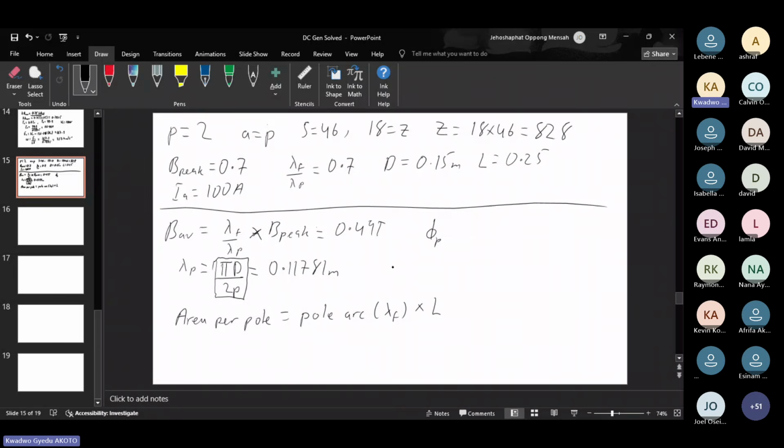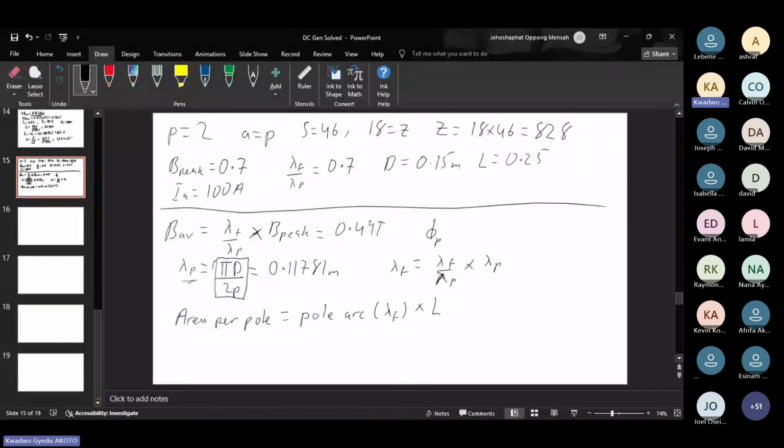So lambda f is equal to lambda f on lambda p times lambda p. So this is going to be 0.7 times our pole arc.